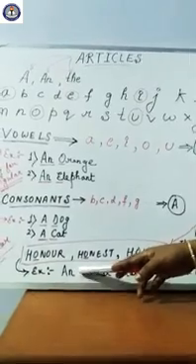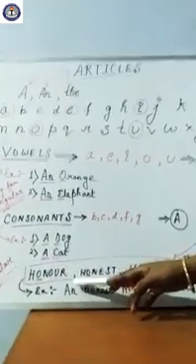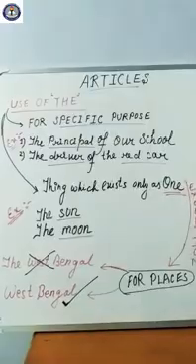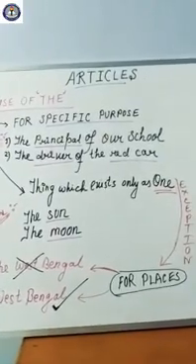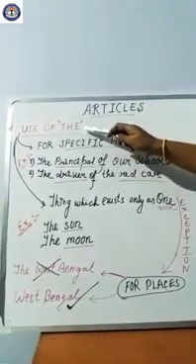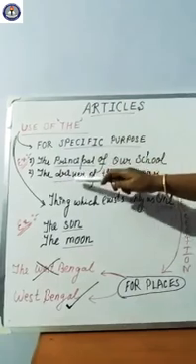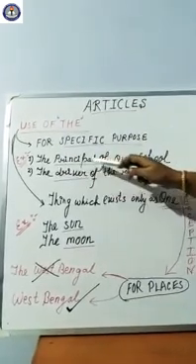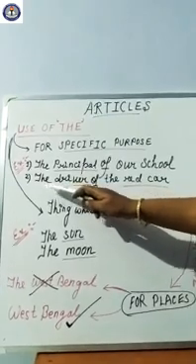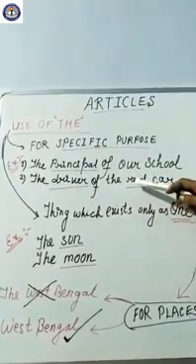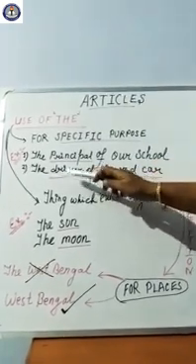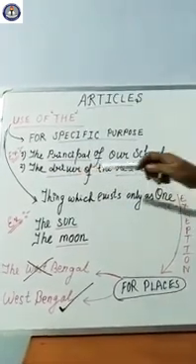Clear? Okay. Now we will discuss The. Now, the use of The. Look at this example. The principal of our school. And the second one, the driver of the red car.